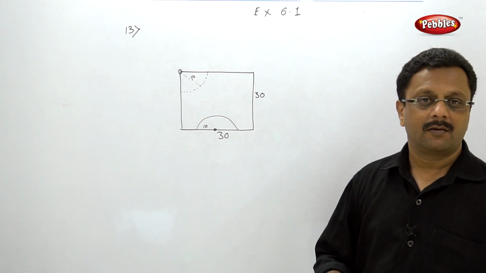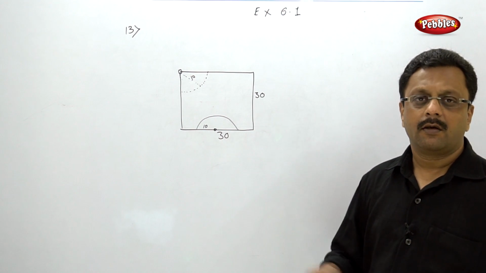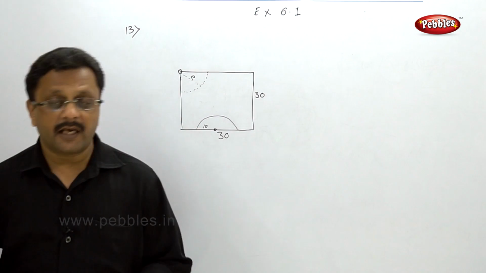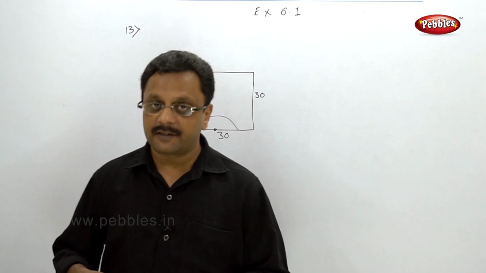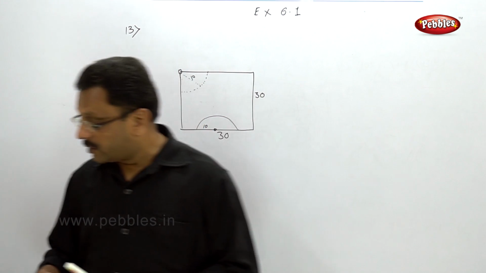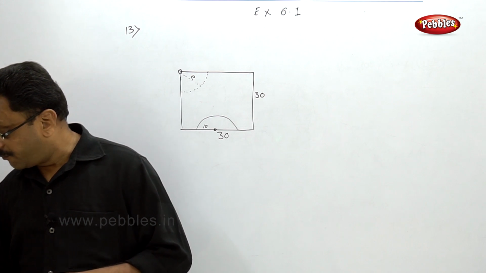Extremely simple. Here there is a semicircle, pi r square is the area of a circle, so pi r square by 2 is the area in which the horse can graze.